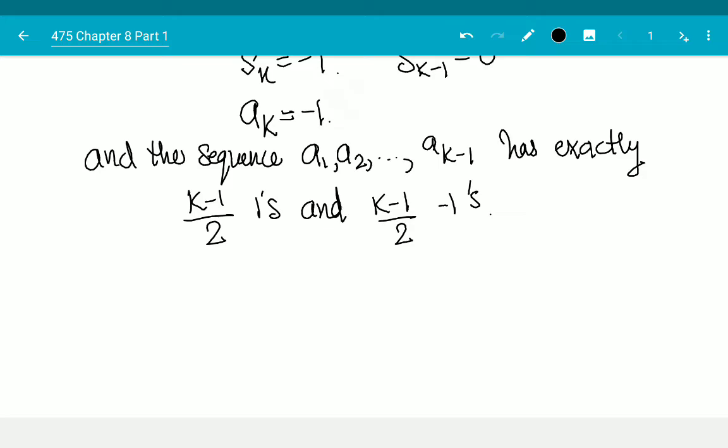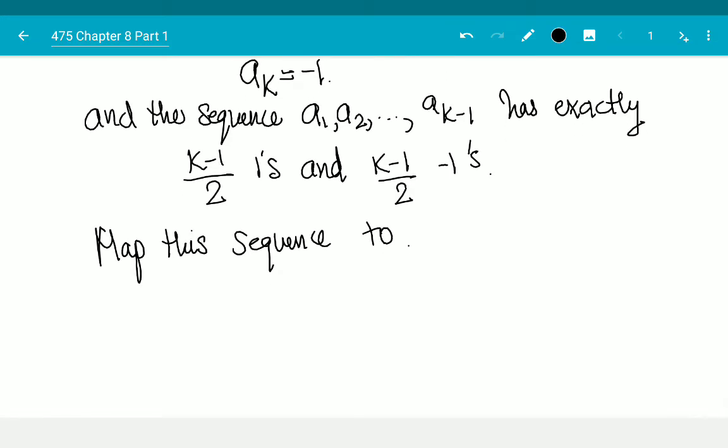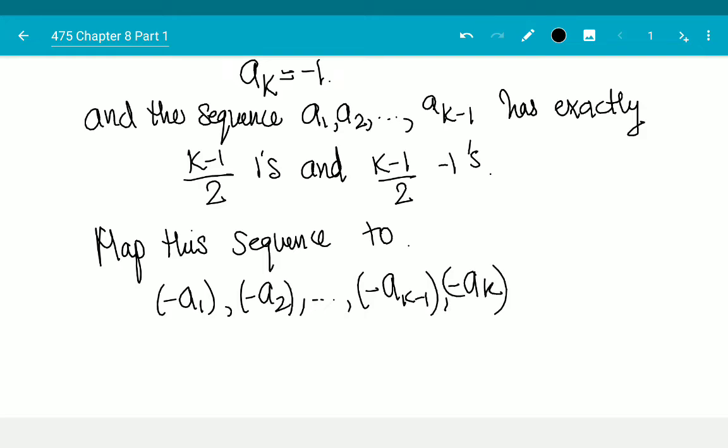Then what we do is, instead of making a new sequence, map this sequence to -a1, -a2, dot dot dot, -a_(k-1), -a_k, and then a_(k+1) to a_2k left as they were.